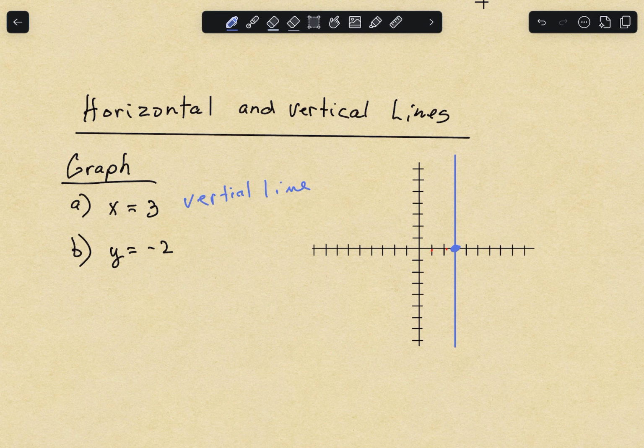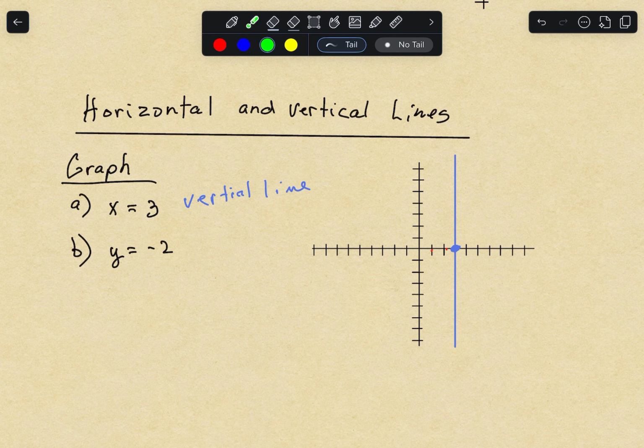Okay, so now we look at y. Okay, y equals -2. And I'm going to do that one in green, I haven't used green in a while. All right, so if I come up here and hit y equals -2, which is right here, well, every value this way, and every value this way, makes this a horizontal line.